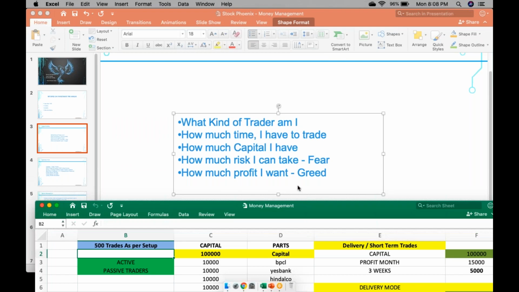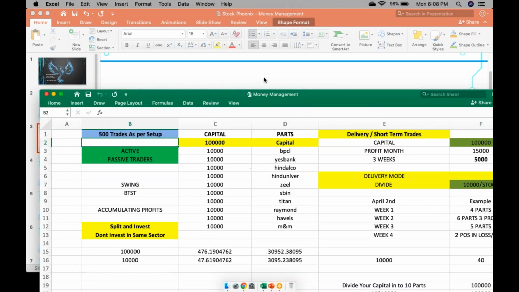So I got the sheet. Just a minute. No, that sheet is different.